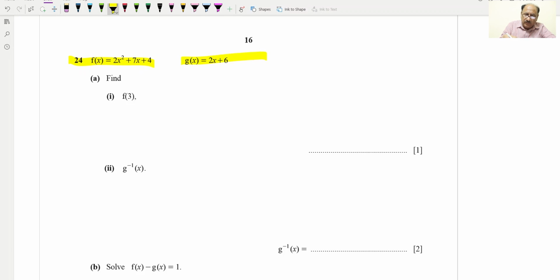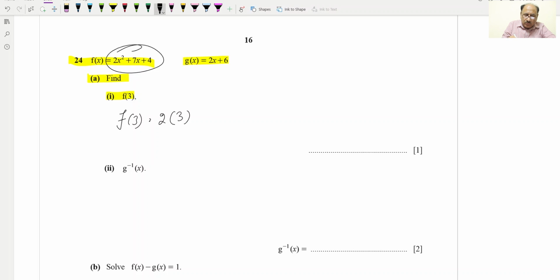f of x is given. g of x is also provided. Okay, so what we have to do, A part, we have to find f of 3. f of 3, we will be replacing x is equal to 3 in this one.